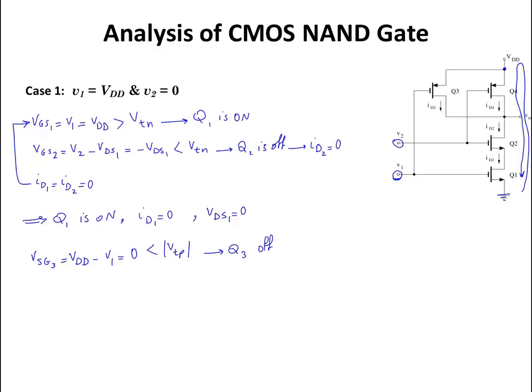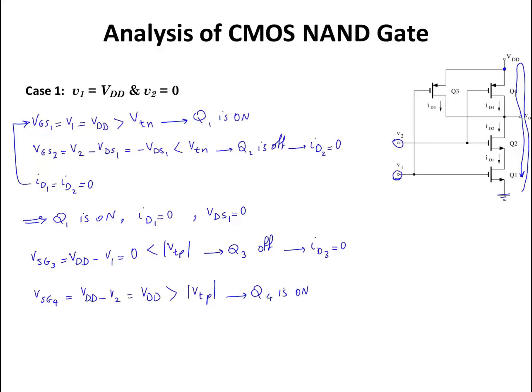From there, I know that ID3 is equal to 0. How about Q4? VSG of transistor 4 equals VDD minus V2. V2 is at 0 volts, so it's going to be VDD. This is greater than the threshold voltage for PMOS. As a result, Q4 is on.